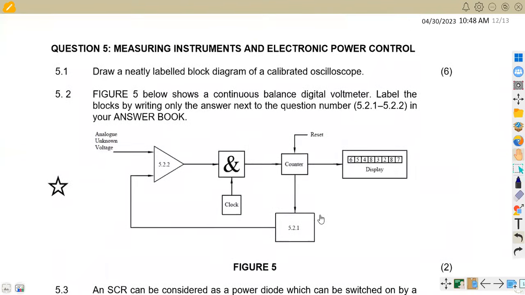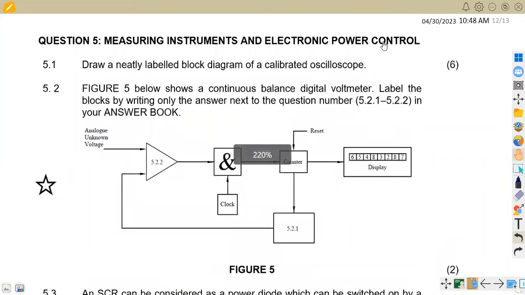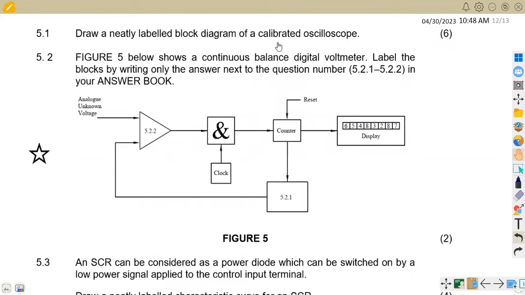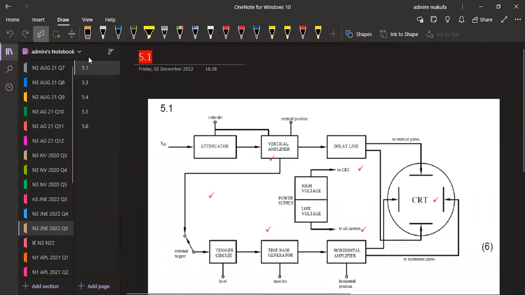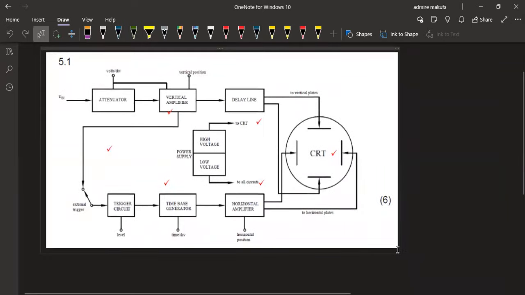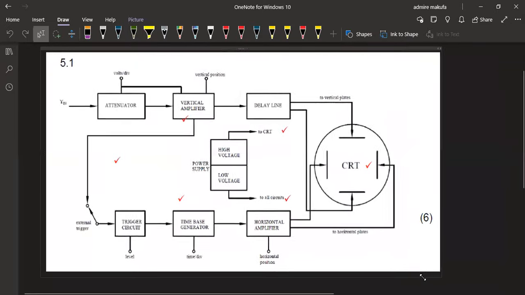5.1 on measuring instruments and electronic power control. We are given to draw a neat labeled block diagram of a calibrated oscilloscope. That is 6 marks, a lot that we are having in this case. This is what we have, guys, on a calibrated oscilloscope. I hope everything is clear.